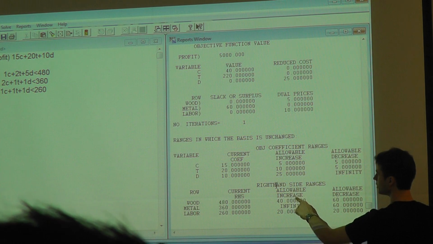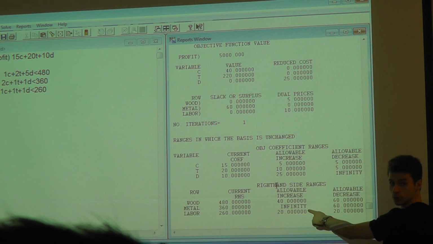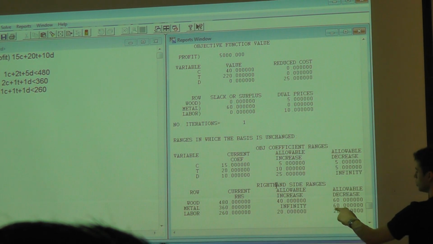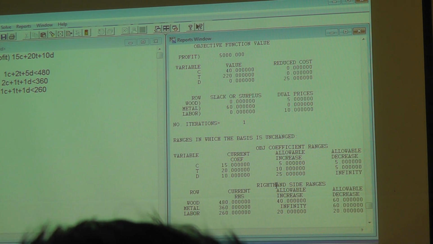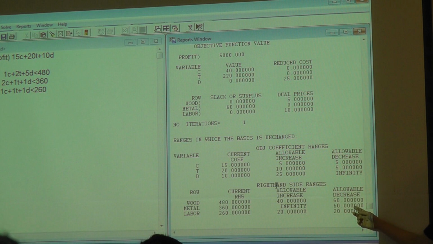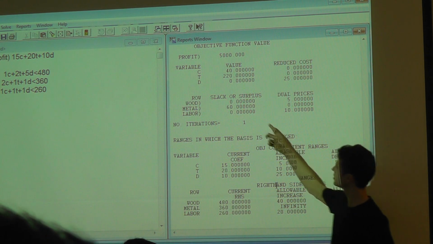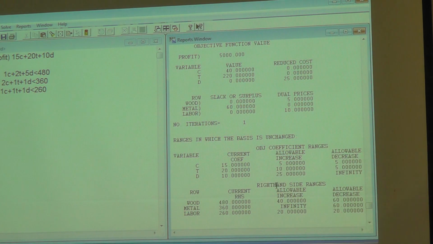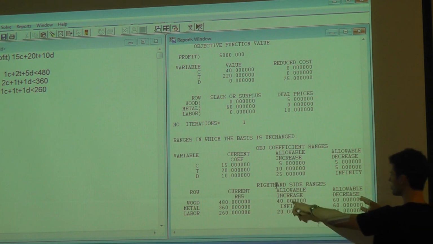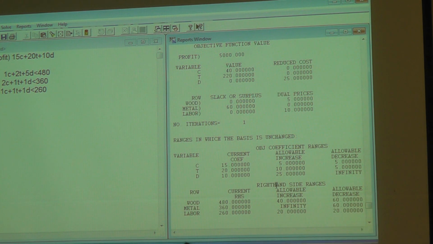You can increase it as much as you want, the solution will not change, and you can decrease it by 60, and the solution will not change. So this 60 is in fact the same as this 60. The meaning of the other numbers is a little bit more subtle.